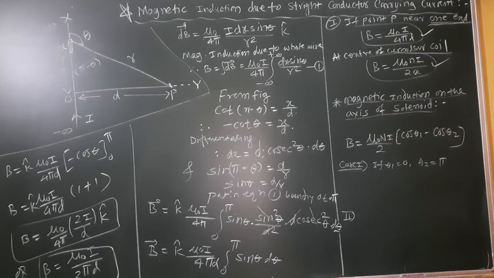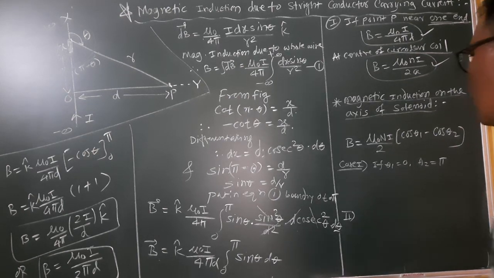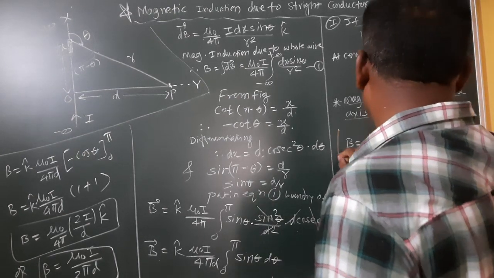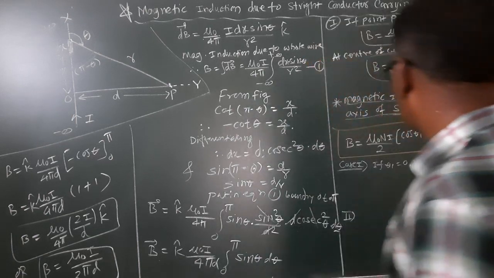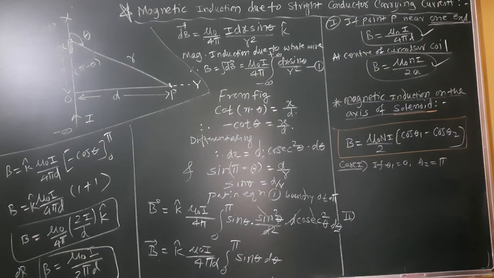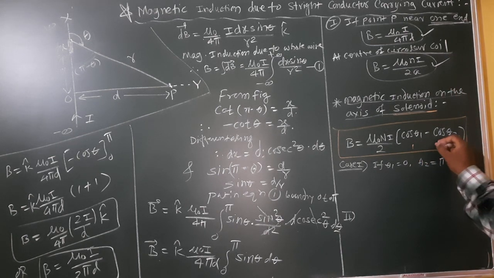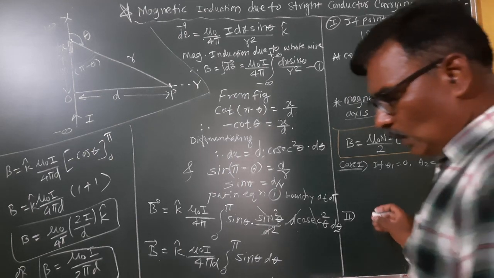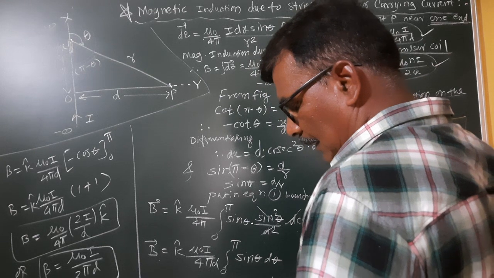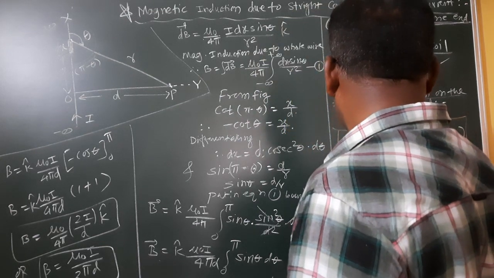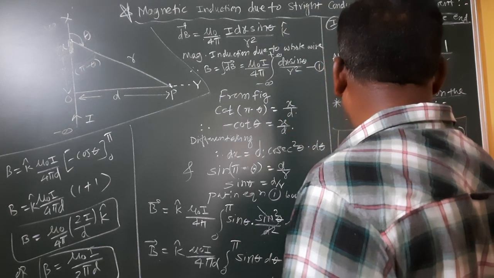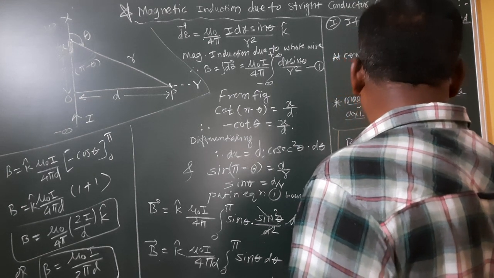And then lastly, magnetic induction on the axis of a solenoid. This is the formula for the solenoid. If theta 1 is equal to 0, cos 0 is 1, and cos pi is minus 1, so minus minus plus 1. So the formula becomes B is equal to mu 0 N I upon 2 into 2.